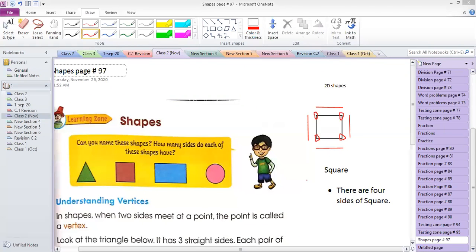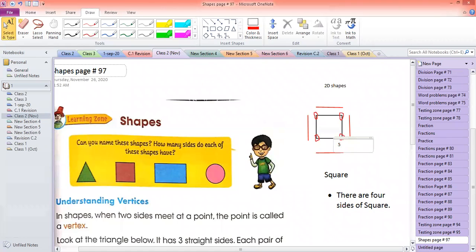How many corners are there in a square? There are four sides of a square. Four. Very good, guys. So it has four corners. So I will say there are four corners, which means there are four vertices.